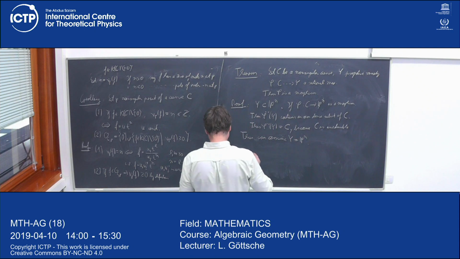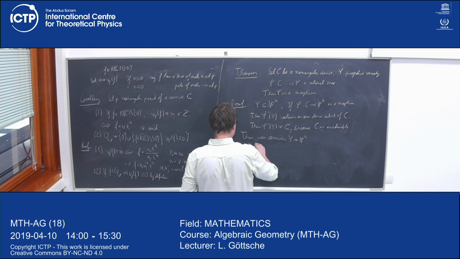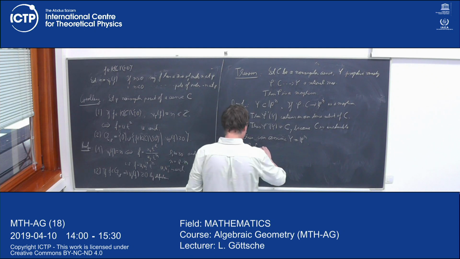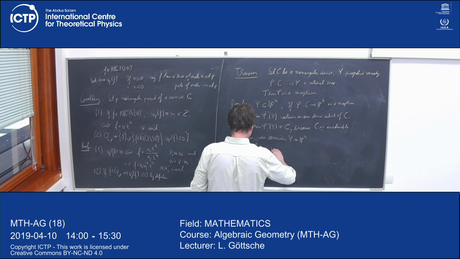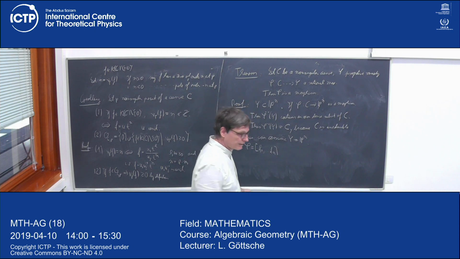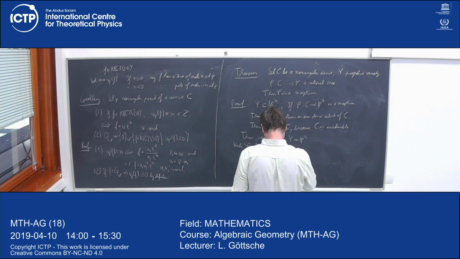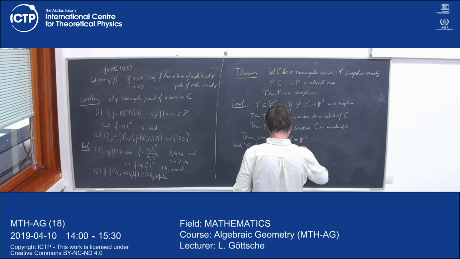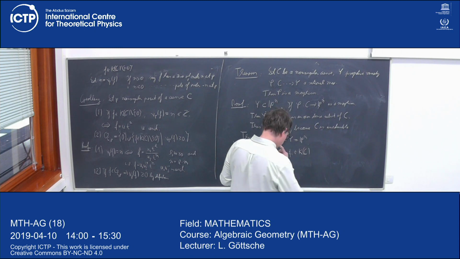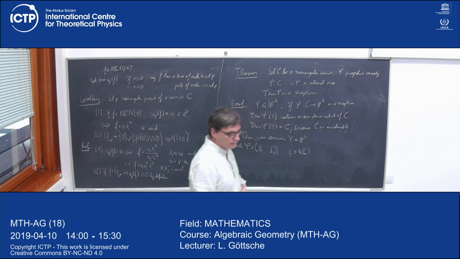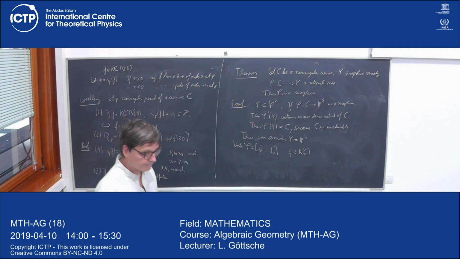So we can write phi equal to this equivalence class [f0 : ... : fn], where the fi are elements in K(C) which are not all 0.